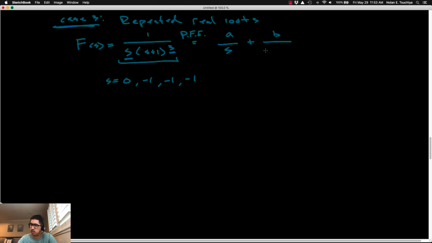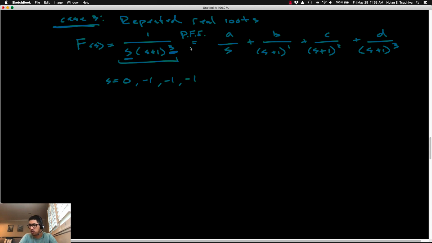So you're going to have B over s plus 1 to the 1. That's one term. You're going to have C over s plus 1 squared. That's another term. And you're going to keep going until you get to this terminal power. So in this case, you're going to have D over s plus 1 cubed, and then that's how you know you're done, because the cubic was the terminal power.